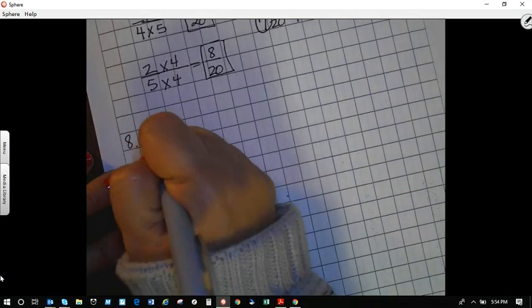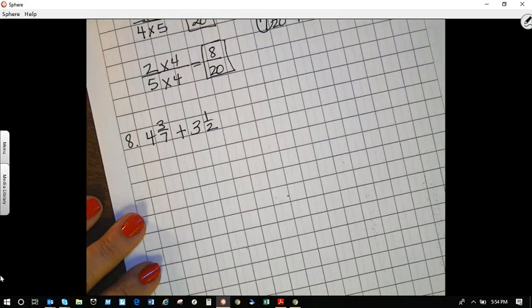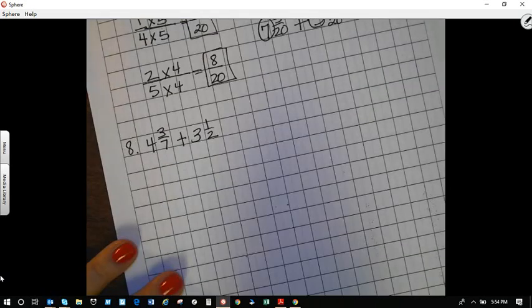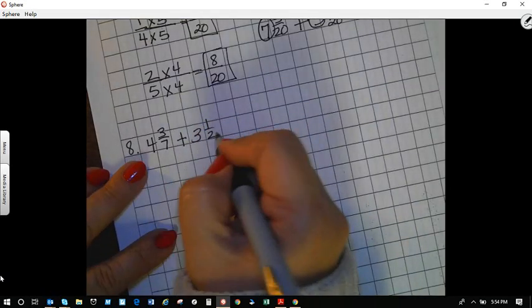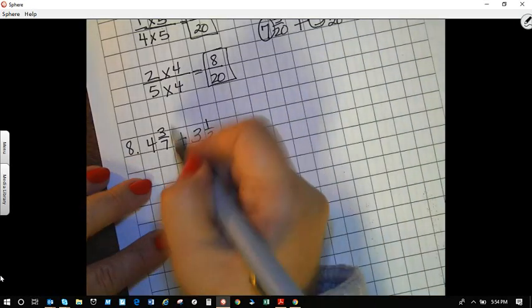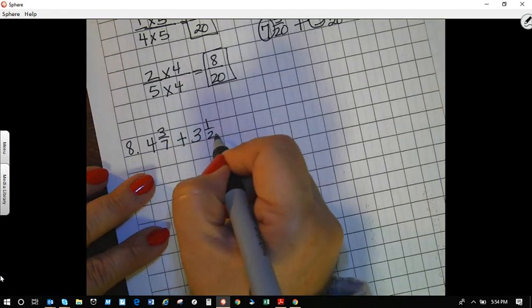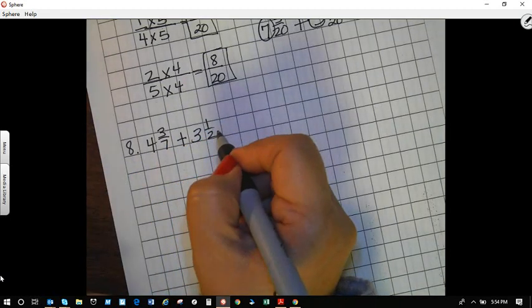Number 8 reads, my equation is 4 3/7 plus 3 1/2. Okay, again, I need to find the common denominator. And we were talking about this in class already, so you already knew that that was 14. Because 7 times 2 is 14, and then to get from 2 to 14, I would multiply that by 7.